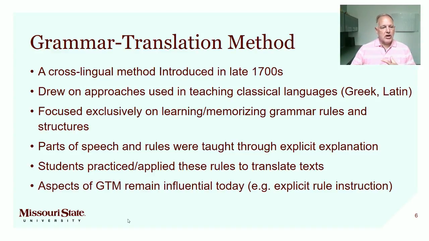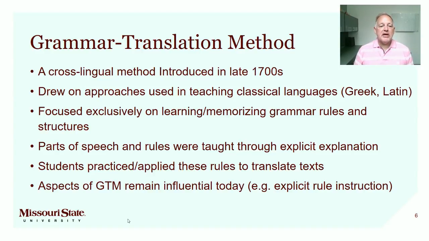So students were taught parts of speech, rules, verb endings, and those were taught through explicit explanation. And then at different parts in the lesson, students would practice or apply these rules using translation, translating many times from the target language back into their native language. And that's how they were supposed to solidify and show mastery of the language rules that they learned explicitly.